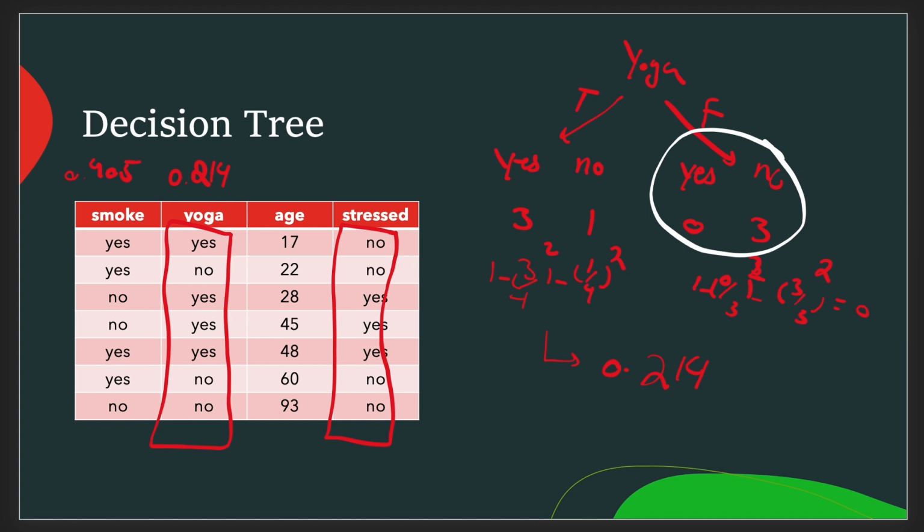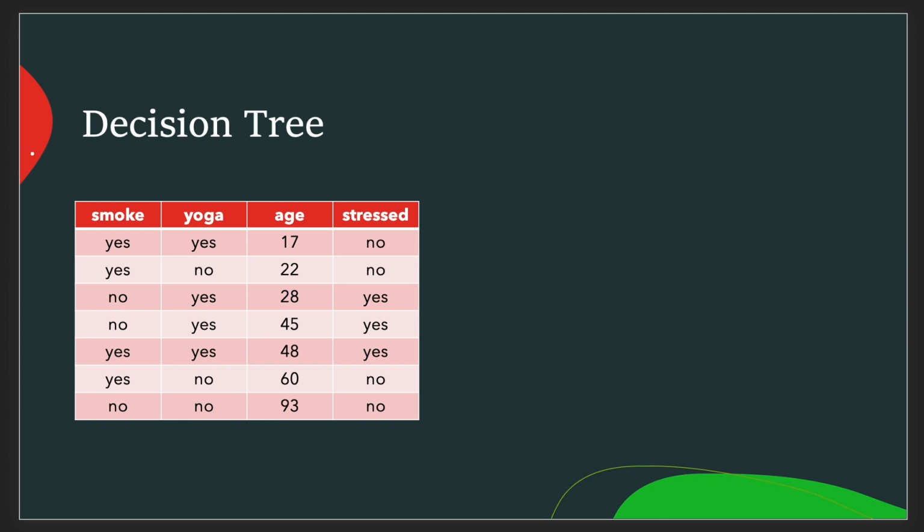So far, the second feature seems to be the best. But okay, how do we calculate the Gini impurity for numeric values, right? Because we don't really know how that works. Okay, let's see. I'm just going to put the numbers that we calculated, 0.405 here, 0.214 in here, and now we want to do the age.